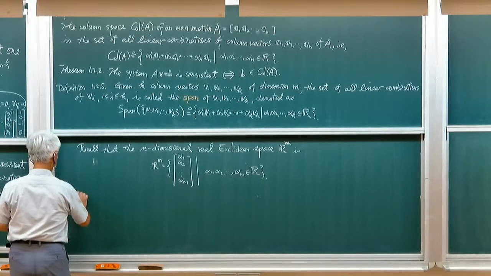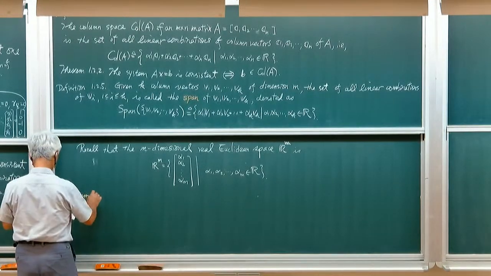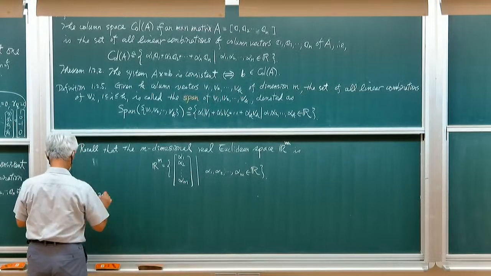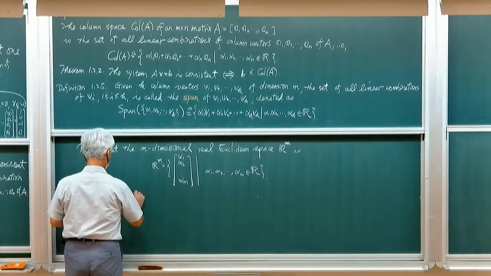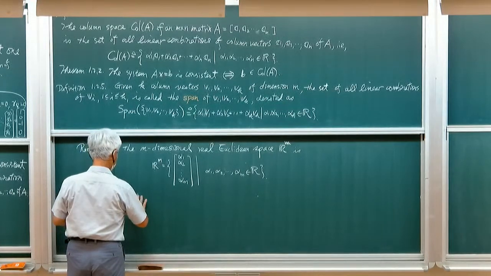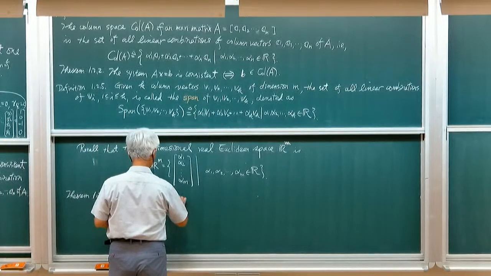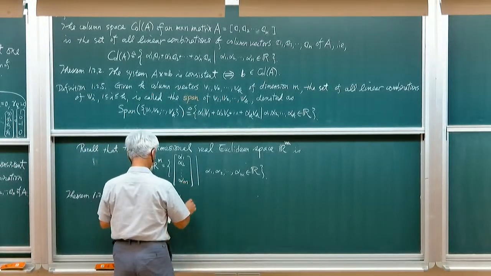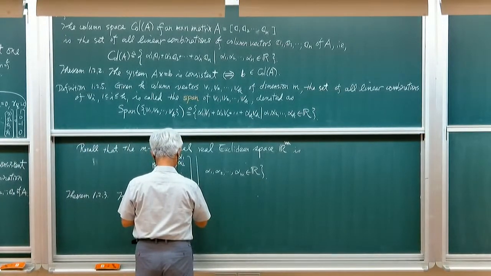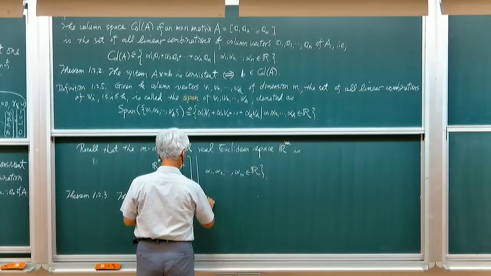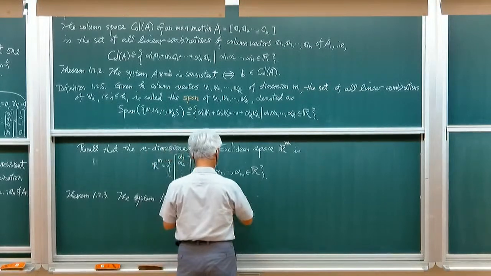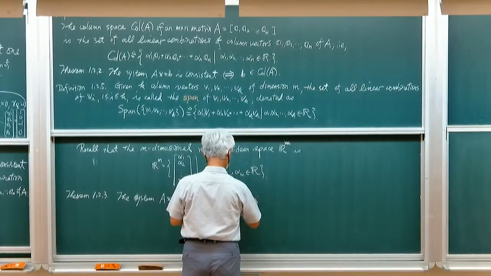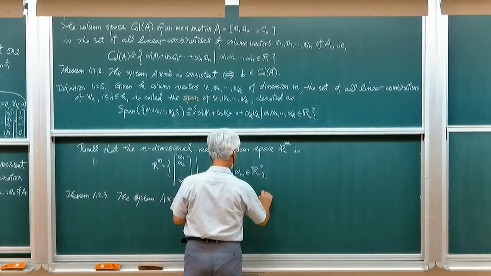And then with this definition, we have an immediate theorem. So the system AX equal to B is consistent for all B in R^m.